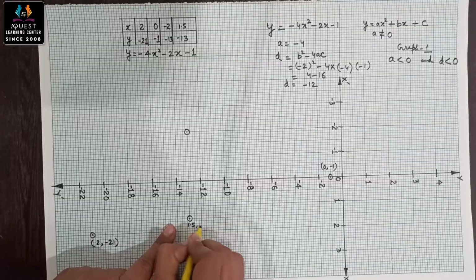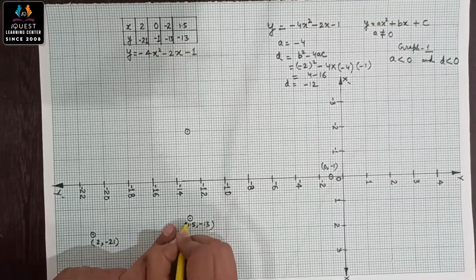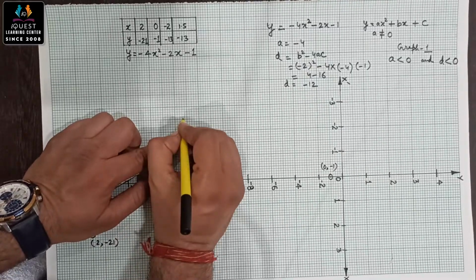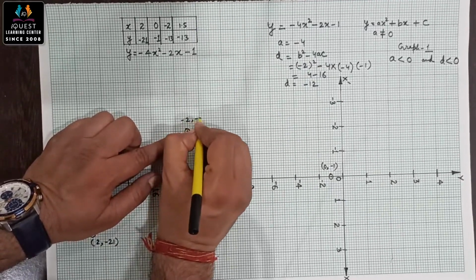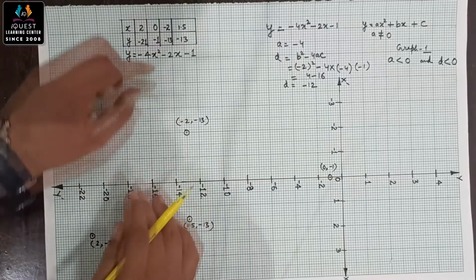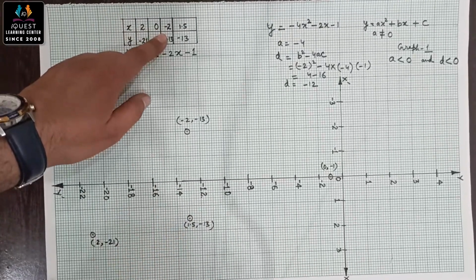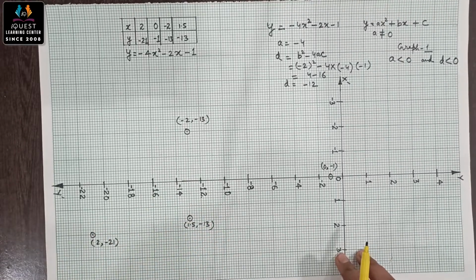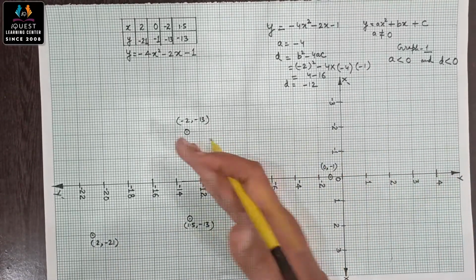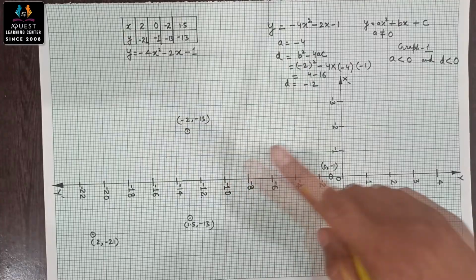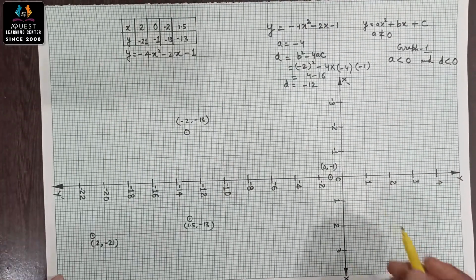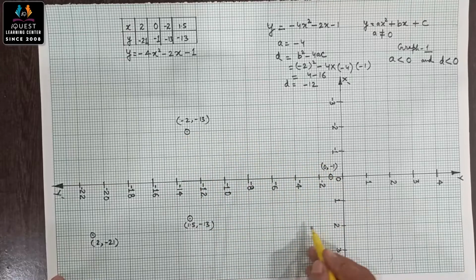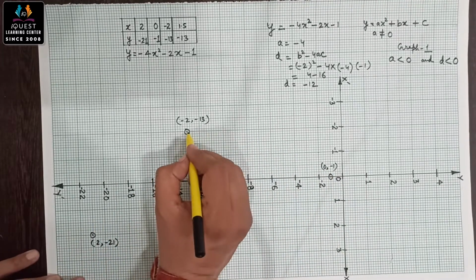So the point is (1.5, minus 13), and this value is (minus 2, minus 13), which is our third value. Now you can see that all the values exist below the x-axis. So let's make the shape which we obtained by meeting these values.